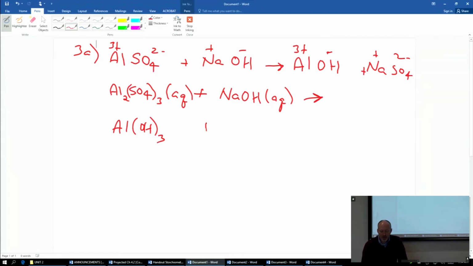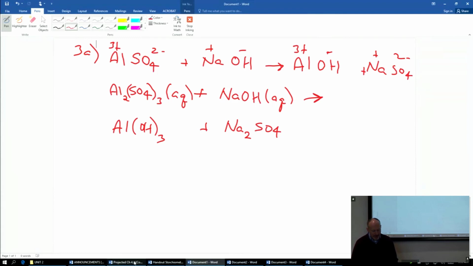And for the sodium material, it's going to pick up the subscript of 2 in order to give electrical neutrality with the sulfate, Na2SO4.